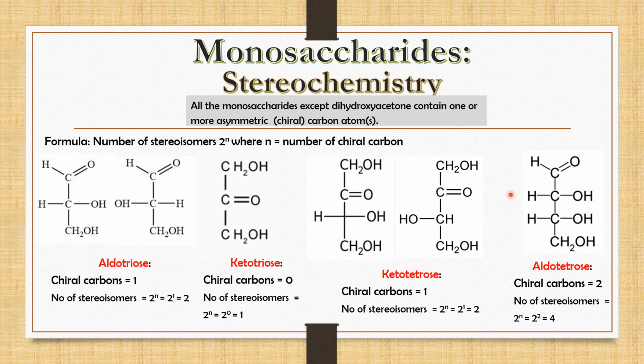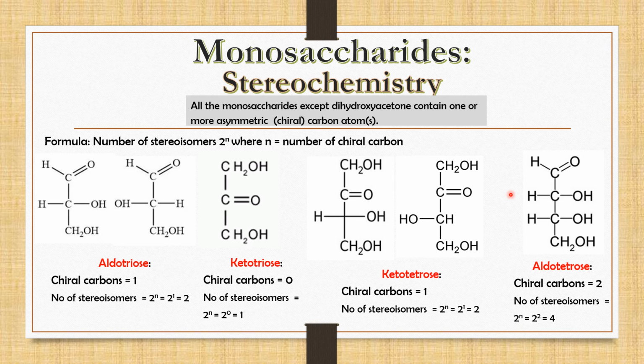Stereoisomerism in carbohydrate chemistry refers to the phenomenon where two or more carbohydrate molecules have the same molecular formula and sequence of bonded atoms but differ in their spatial arrangement. These spatial differences arise due to the presence of chiral centers in the carbohydrate molecule.